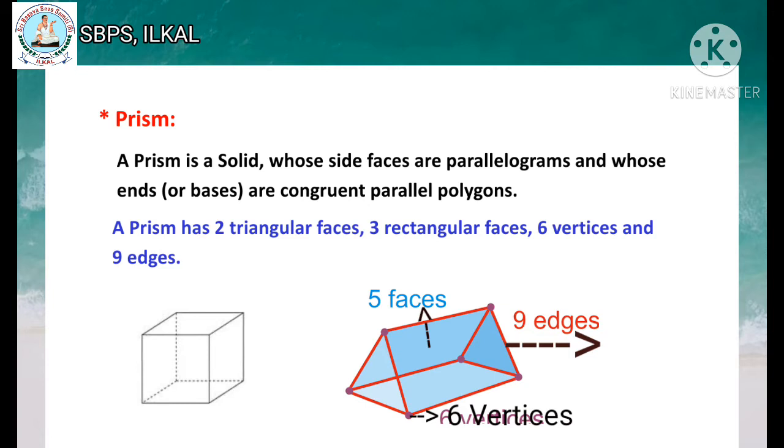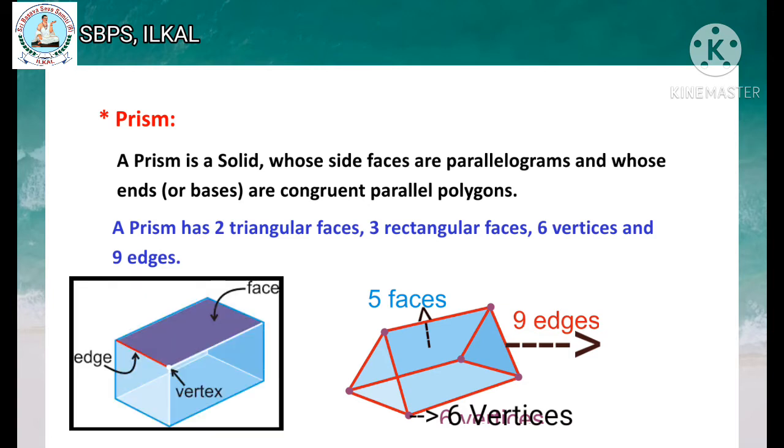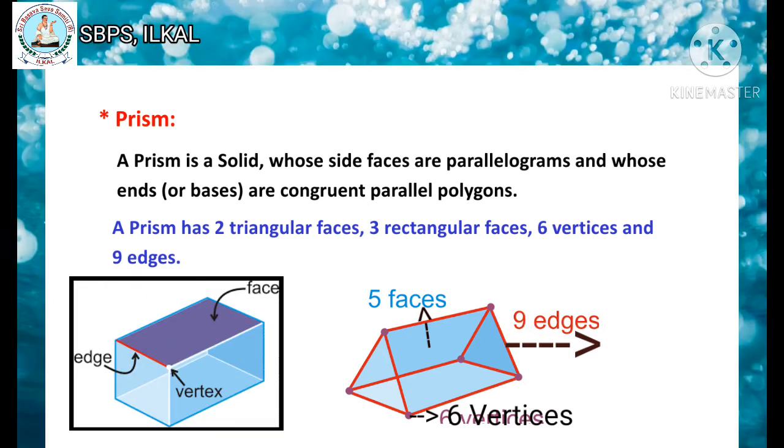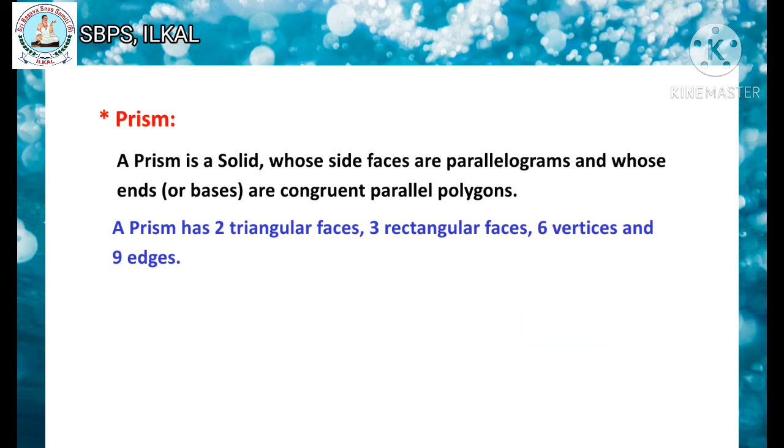Another example for prism, that is cuboid. A cuboid has 6 faces. Here base and top both will be in rectangle shapes and remaining all the 4 sides we can consider as a parallelogram because rectangle is also a special parallelogram. It holds all the properties of a parallelogram.